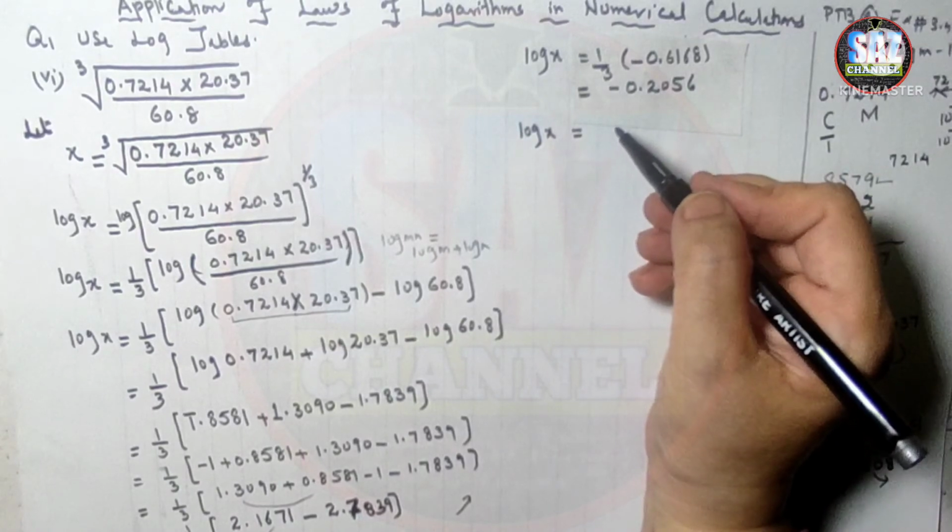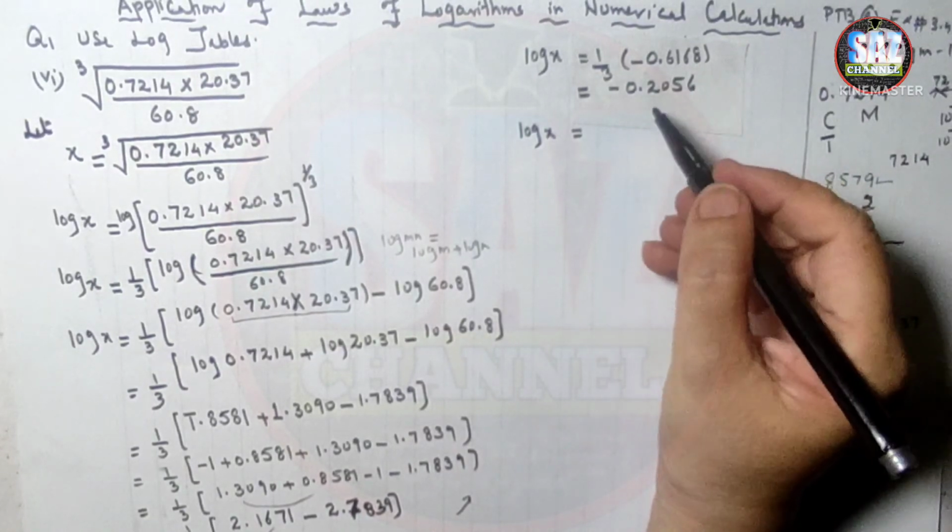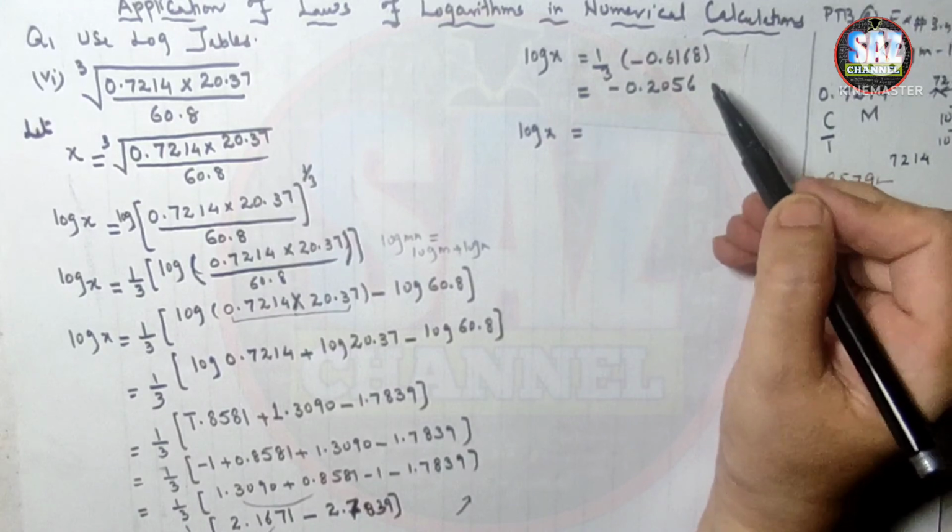When I take the anti-log, the log of negative numbers does not exist, so I have to make this number positive.